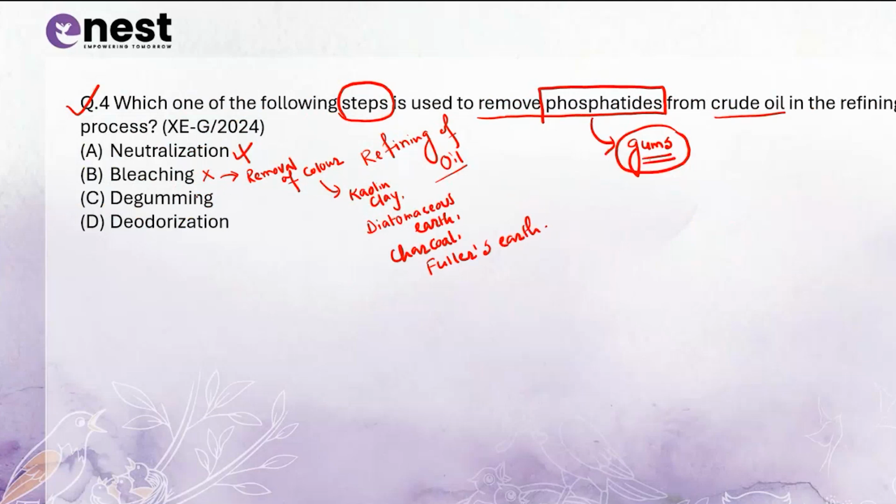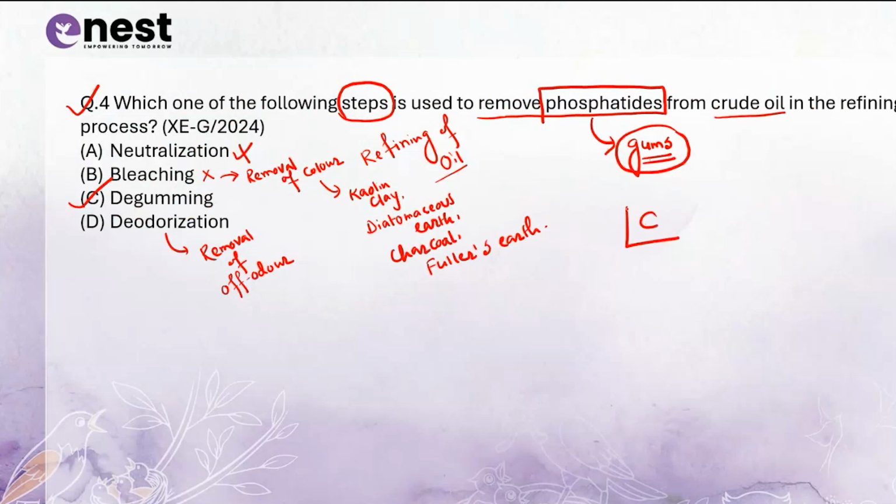Degumming, yes. We need to remove the gums, that is phosphatides. And deodorization is the removal of odor or bad smell. So to remove the phosphatide from crude oil in the refining process, the step is degumming.